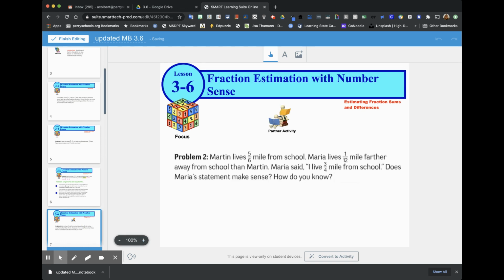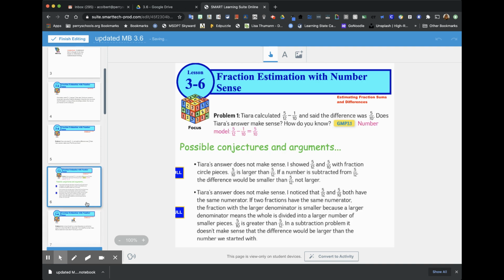Martin lives 5/6 mile from school. Maria lives 1/12 of a mile farther away from school than Martin. Maria said, I live 3/4 mile from school. Does Maria's statement make sense? How do you know? I'm going to stop for a second and say, this last one was a subtraction.